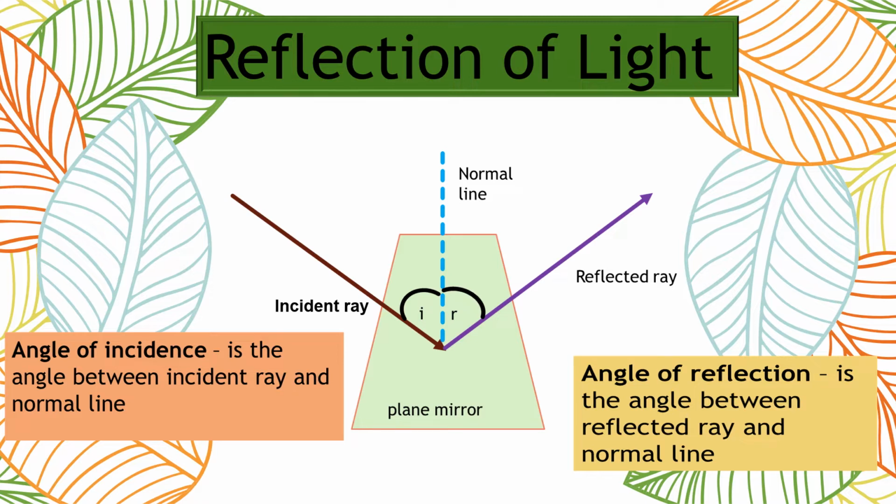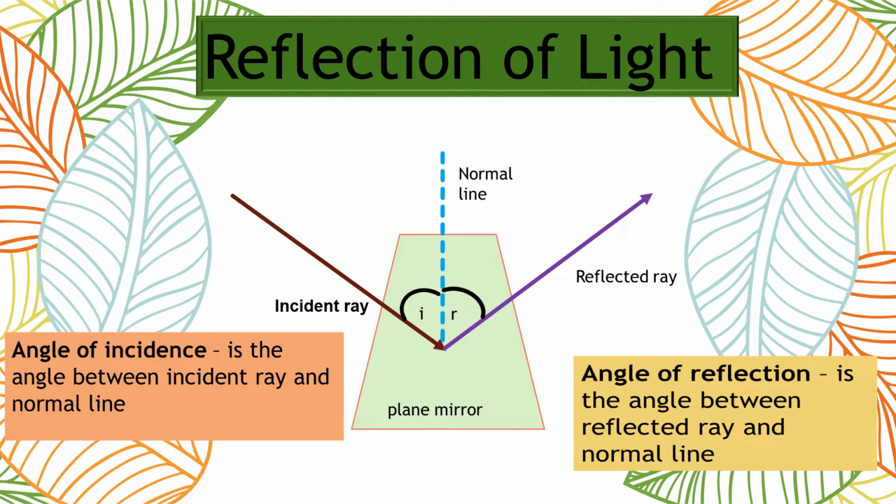Okay? So again, the normal line in a broken line and this incident ray, a ray that is an incoming ray going to the surface, make an angle, what we call angle of incidence, in a simple small letter i.